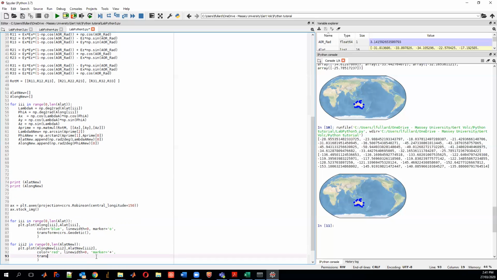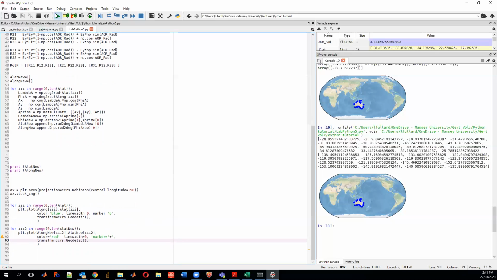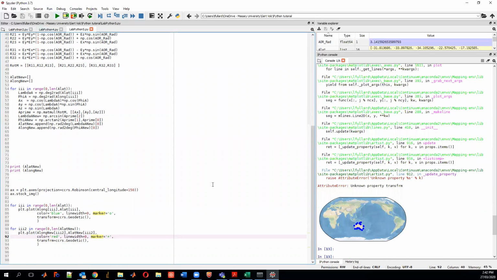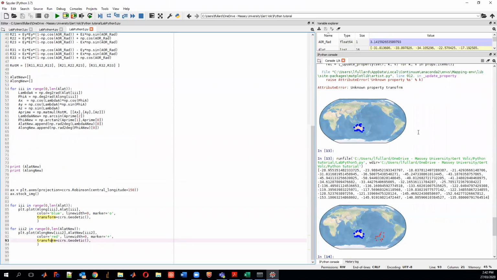And again, I'm going to use the same transform. Let's see if this is working. I have a little issue here. I shouldn't have had this marker thing. I have some issue here as well: I've misspelled transform. Okay, that makes sense. Let's fix that. A lot of programming is bug finding.